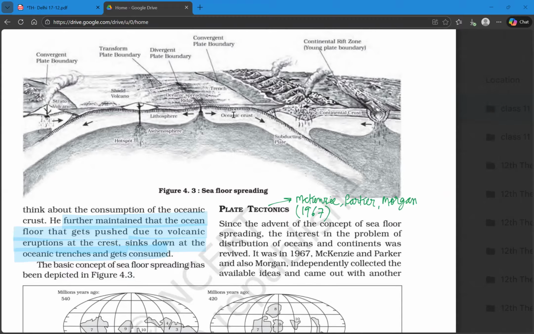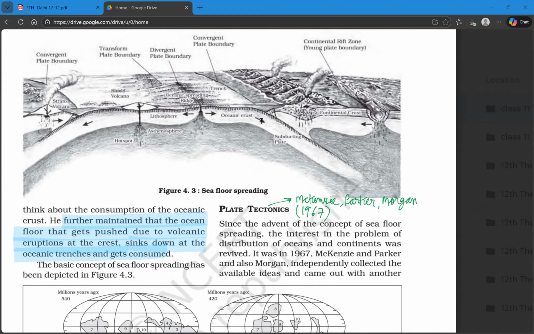As they reach a point where they come in contact with a continent, instead of moving the continent, they start getting subducted. So they start from here, move away from the ridge, and start subducting.